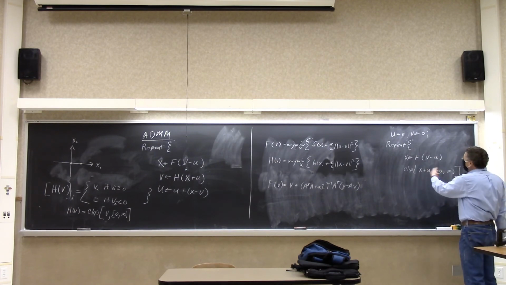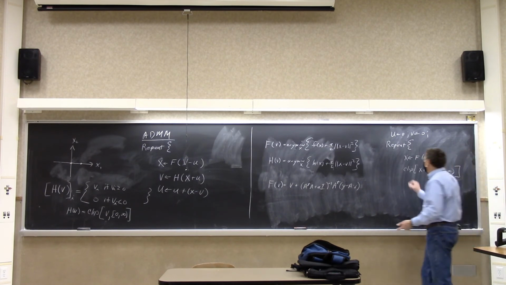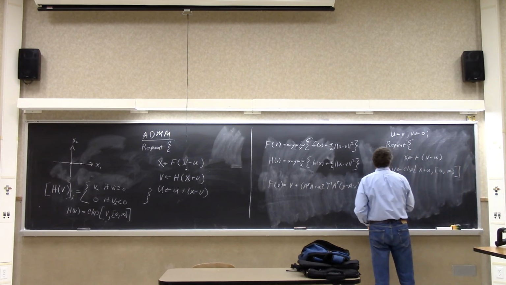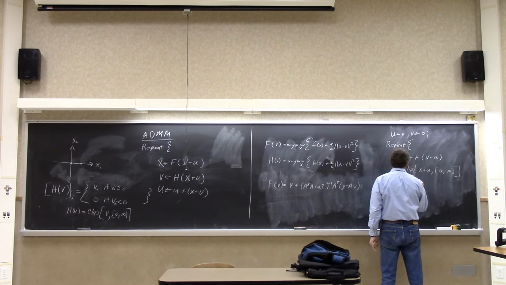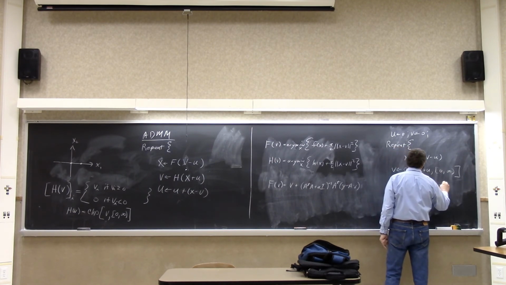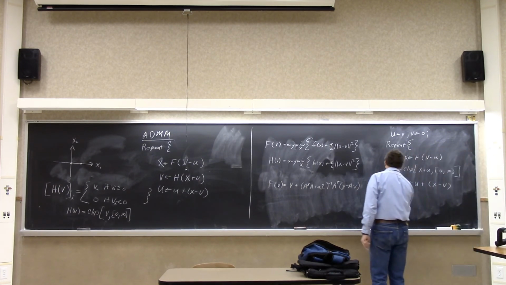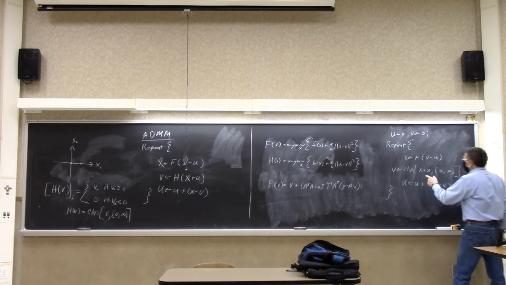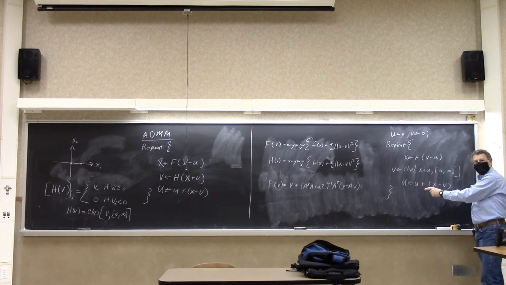Now x and u can both be negative, but at every coordinate you have to clip to be positive, okay? And you put that in v. And then u, you set to u plus x minus v. So you clip off any negative amount, right?